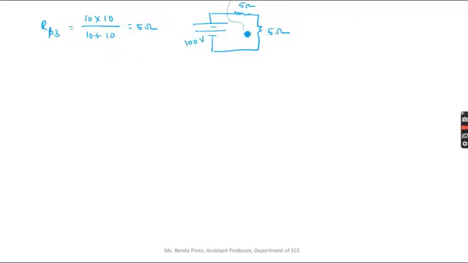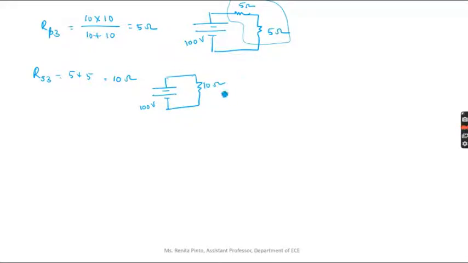Again you have 5 ohm and 5 ohm in series, so solve that: 5 plus 5 is equal to 10 ohms. So your final circuit will look like this: this is 100 volt, and you have a resistor of 10 ohms.